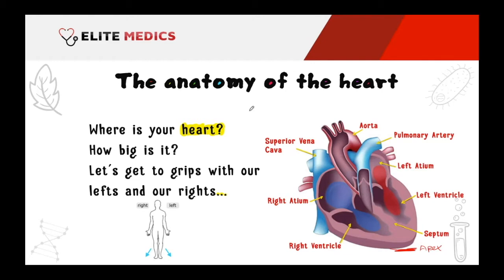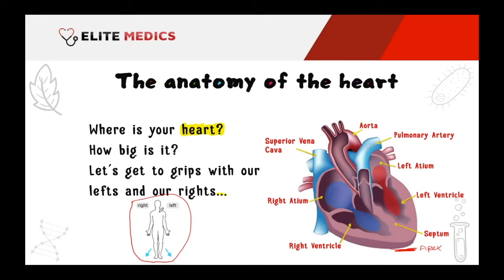And so before we go any further, I just want to get to grips with our lefts and rights, and explain what I mean by that. So if you look at this stick man here, you'll notice that the right side of his body is over here, which is on our left, and his left is on our right. So when we refer to left and right, we're referring to a person's left or right.